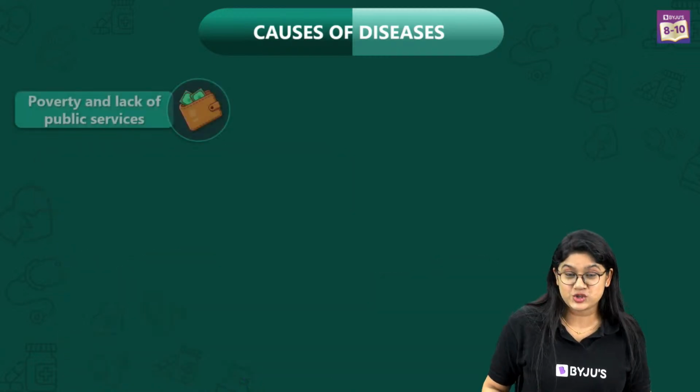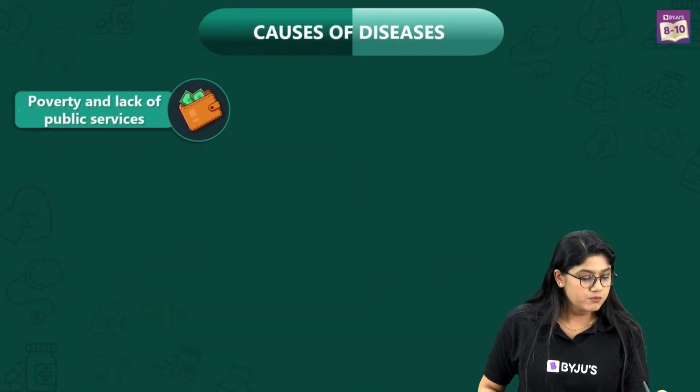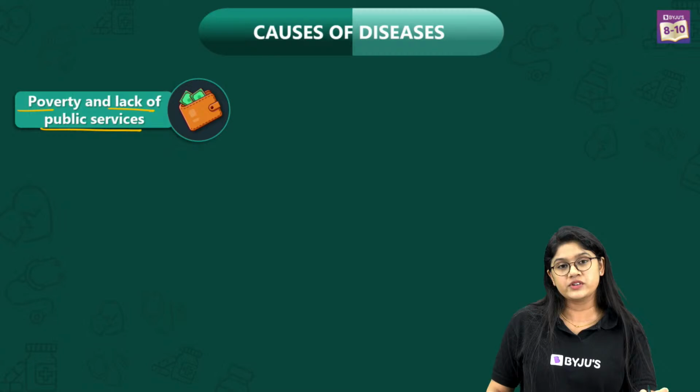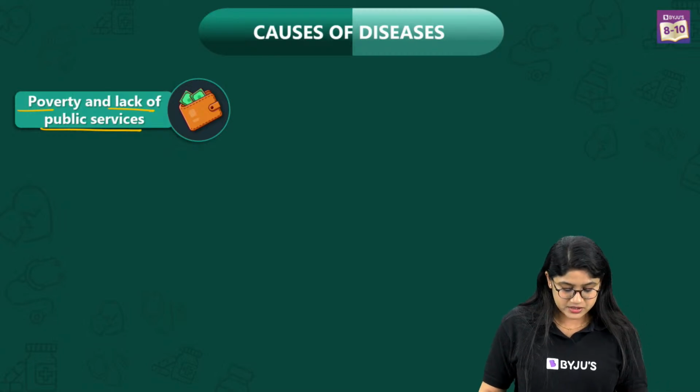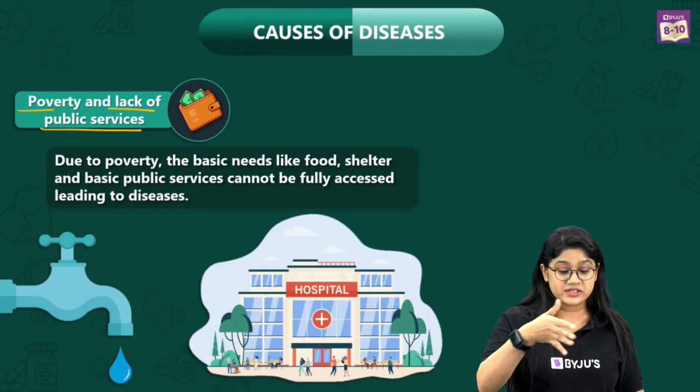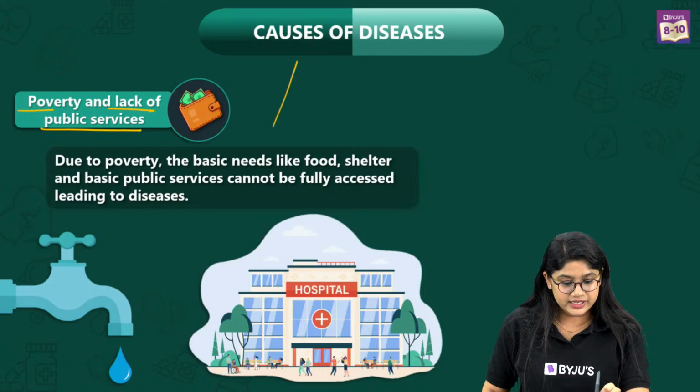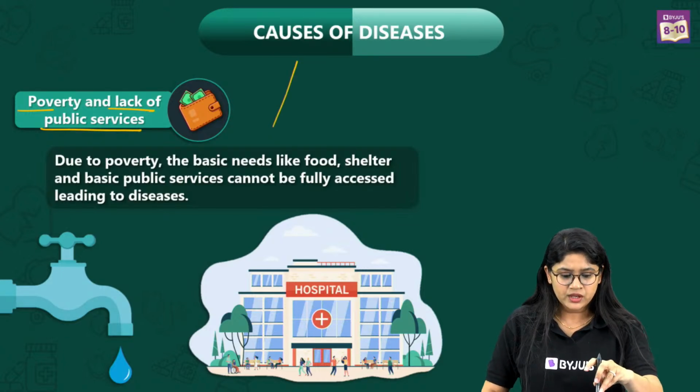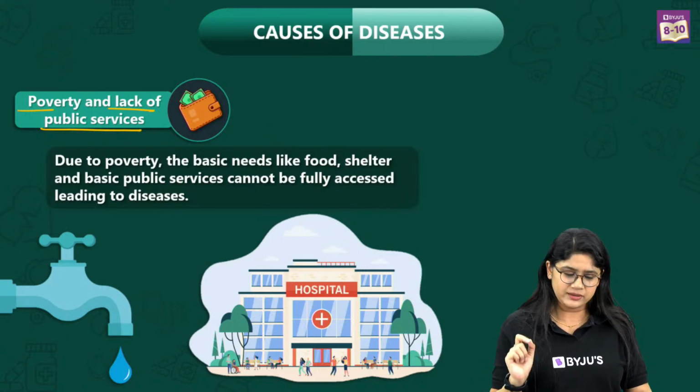Moving to the next cause, what we have? We have poverty and the lack of public service. So if there is poverty or the lack of public service, what will happen? It can be a cause of disease, right?